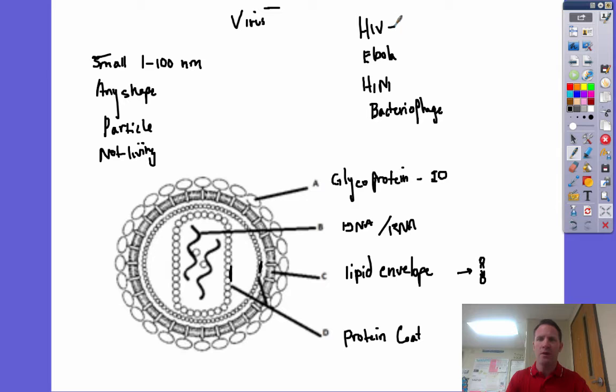Remember, HIV was a circular virus, kind of like this one right here, that caused AIDS. And so basically, transmission of HIV is done through bodily fluids, blood, things like that. Humans and some primates are hosts, and it causes a deficiency in your immune system.